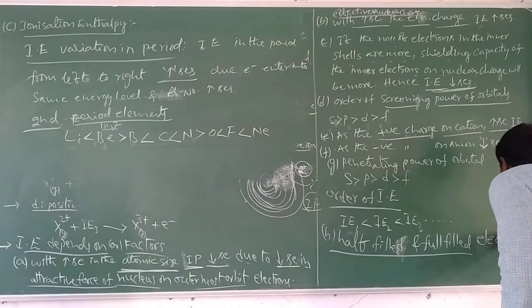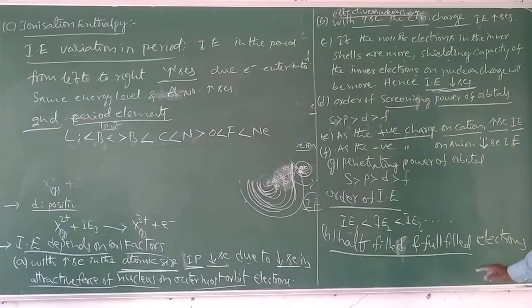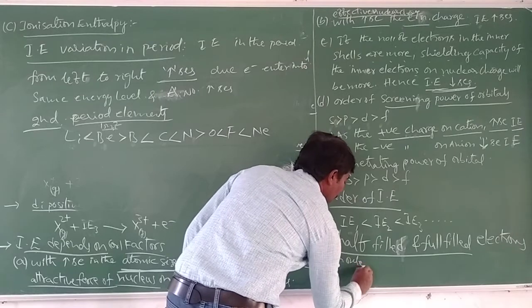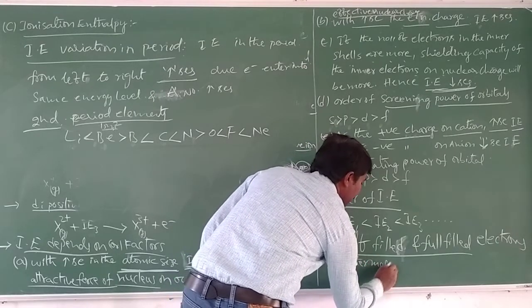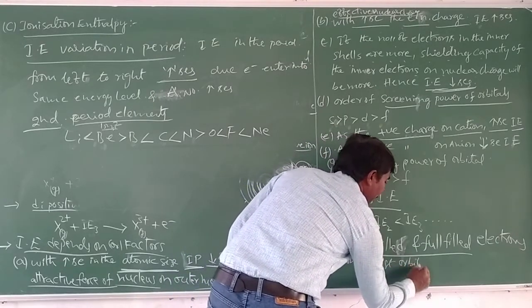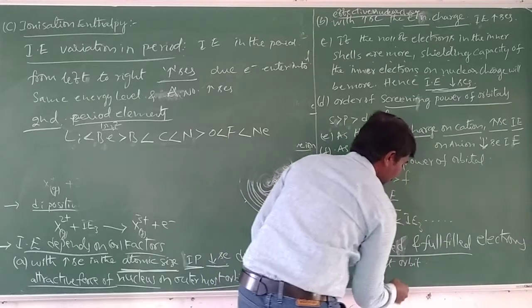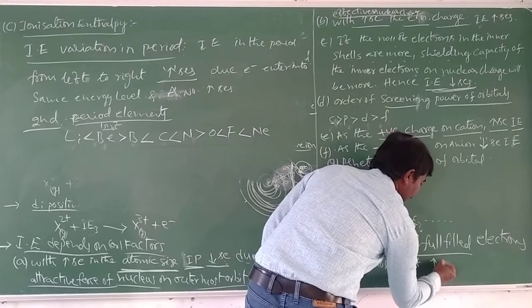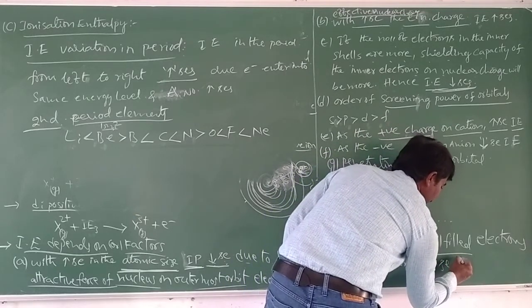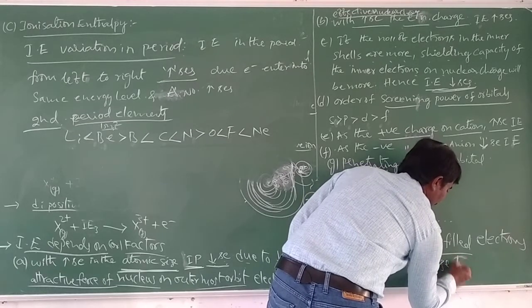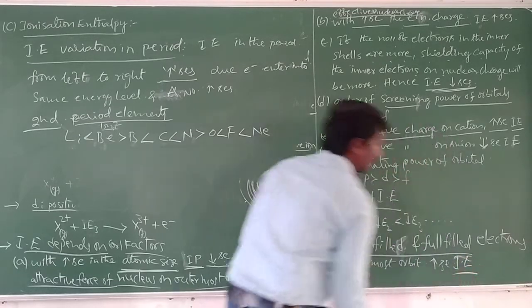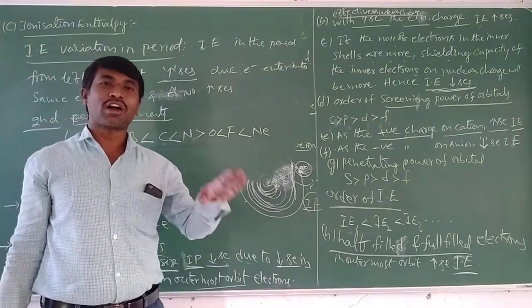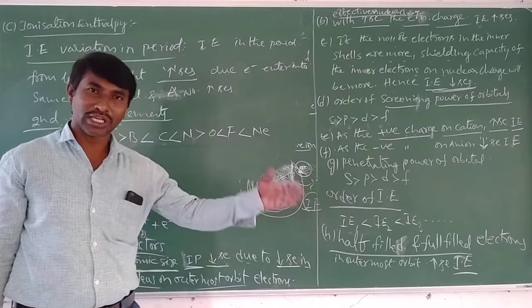The presence of half filled and fully filled electrons in the outermost orbital increases the ionization enthalpy.